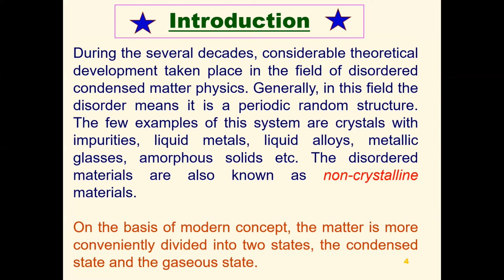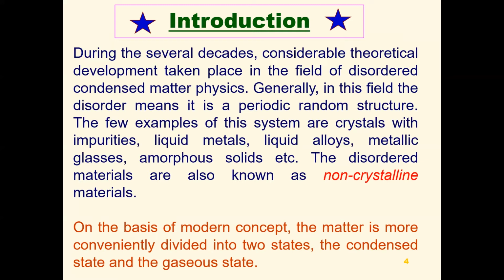A few examples of such systems are crystals with impurities, liquid metals, liquid alloys, metallic glasses, amorphous solids, etc. Disordered materials are also known as non-crystalline materials. So it is a more fascinating name for disordered materials.